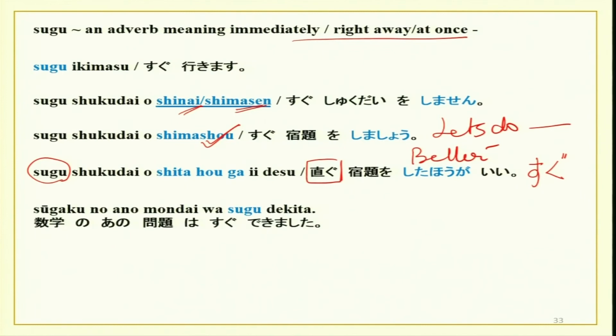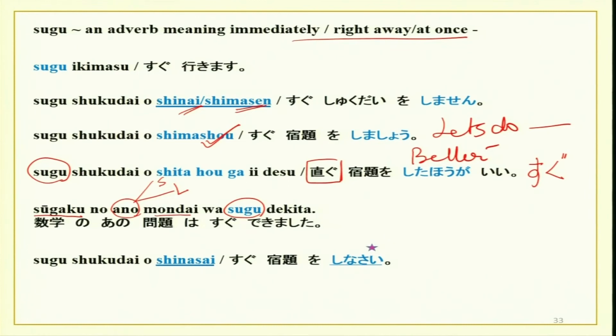Sugaku no ano mondai wa sugu dekita. Sugaku is maths, no ano mondai. This shows very clearly that the speaker and the listener both know which problem, which question they are talking about. Sugu dekita, I could do it immediately.